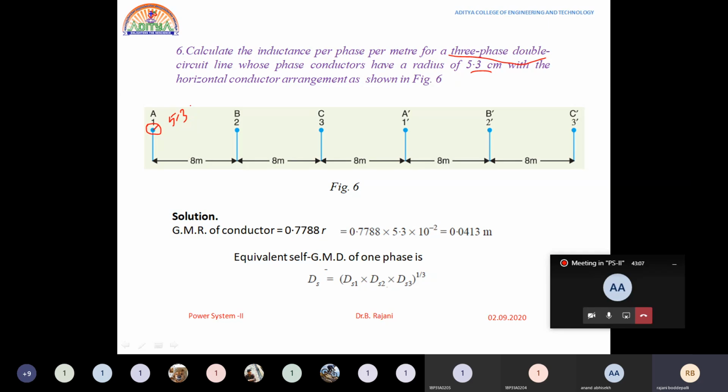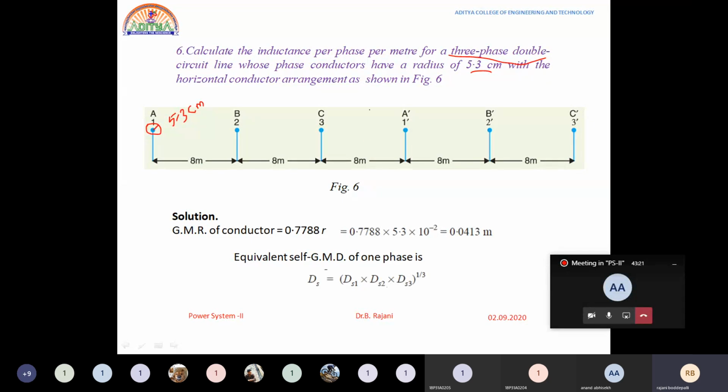They have given that each conductor is of radius 5.3 centimeters, and the distance between conductor to conductor is uniformly 8 meters. This is the diagram given by them.